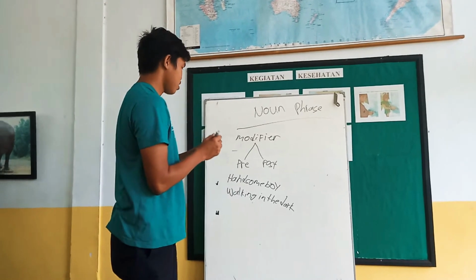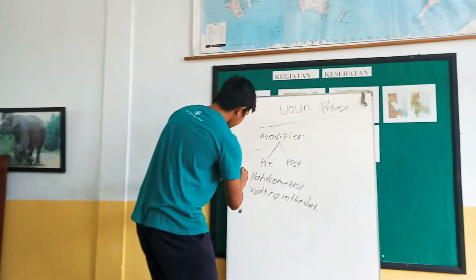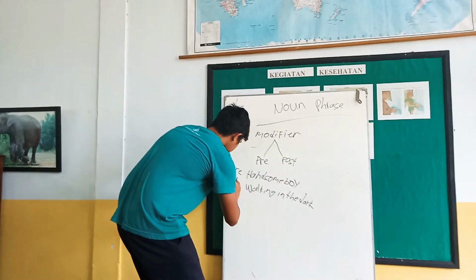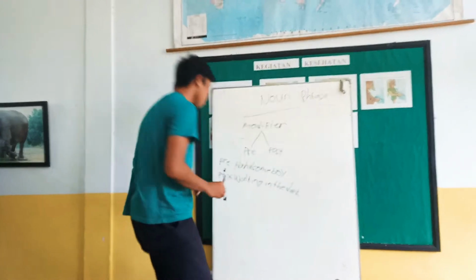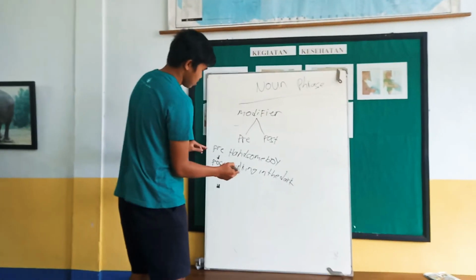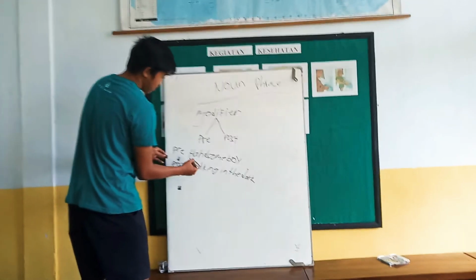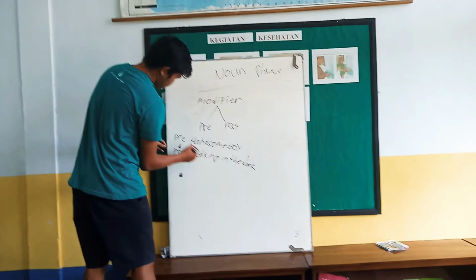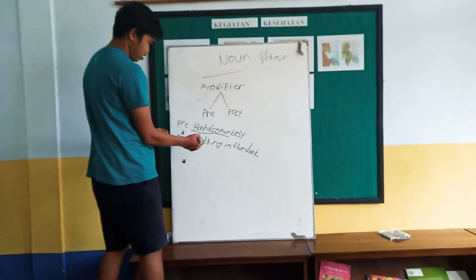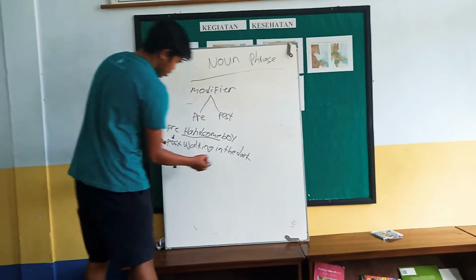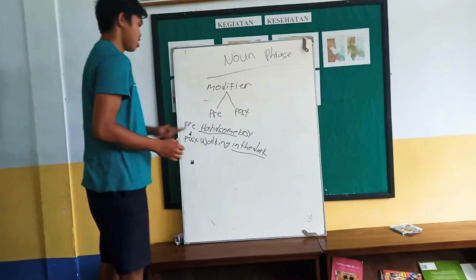So in handsome boy, handsome is the pre-modifier, and in the dark is the post-modifier, after the noun.